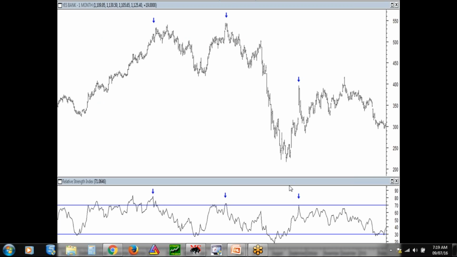Here is the chart where we'll see that the RSI has become overbought. Here you can see that no other buyer is present in the market. As a result, the market falls again.